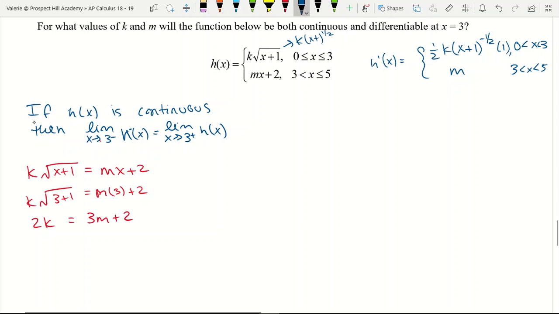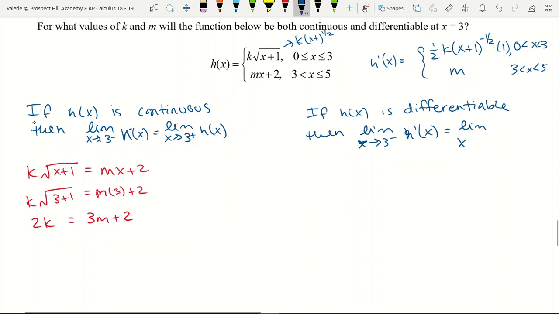Next side we're going to look at is the differentiability. So if h of x is differentiable, then the limit as x approaches 3 from the left of h prime of x should equal the limit as x approaches 3 from the right of h prime of x. So we'll set those equal to each other now. So we have 1/2 k.